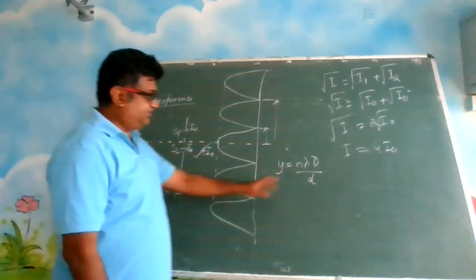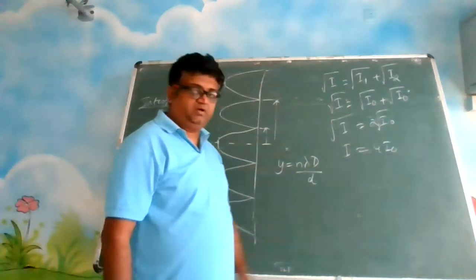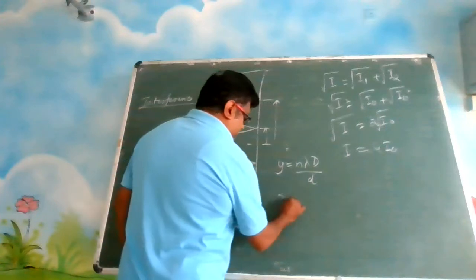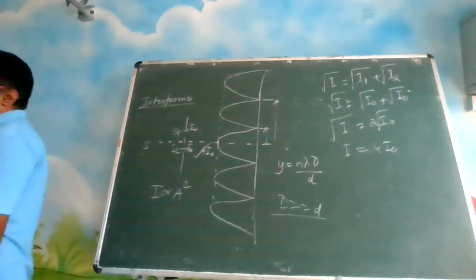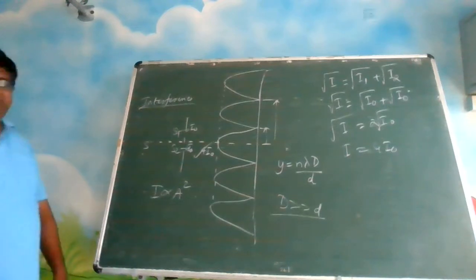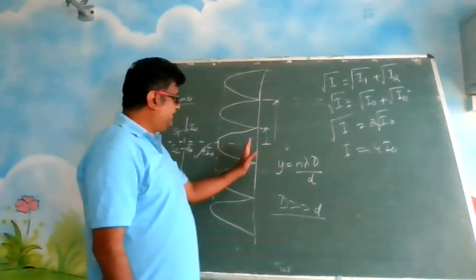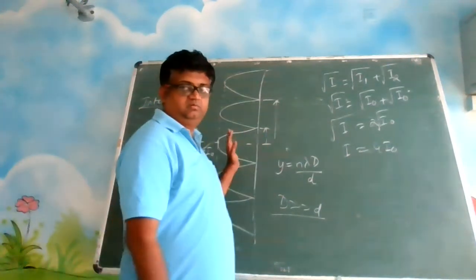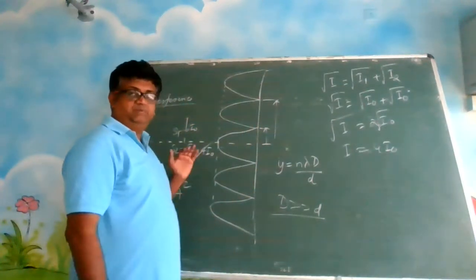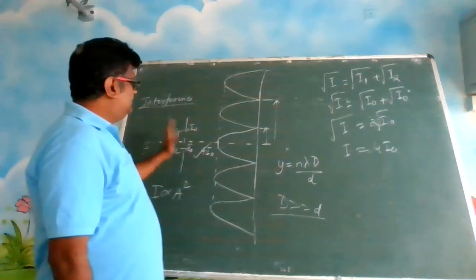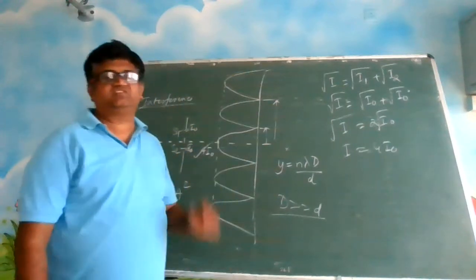And this size of the hole should be very small compared to that. That means, what is the condition? D should be large compared to small d. Then only we are studying it. Capital D should be put in such a way that the interference pattern forms on the screen.